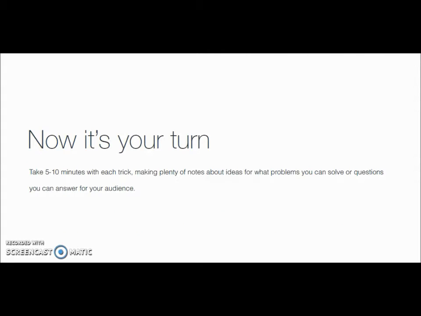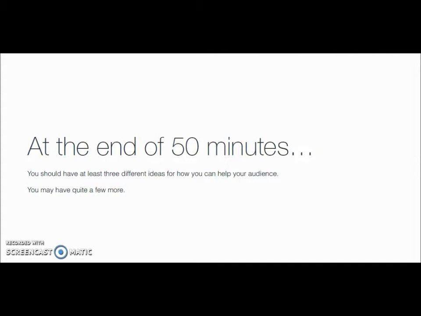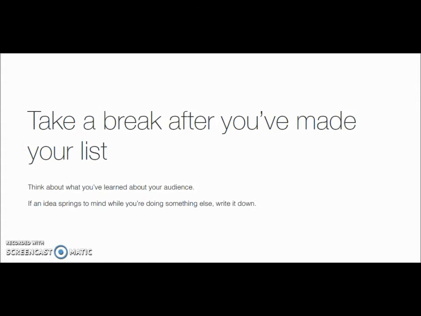Now it's your turn. Take 5 to 10 minutes with each trick, making plenty of notes about ideas for what problems you can solve or questions you can answer for your audience. At the end of 50 minutes, you should have at least 3 different ideas for how you can help your audience. You may have quite a few more. Take a break after you've made your list.